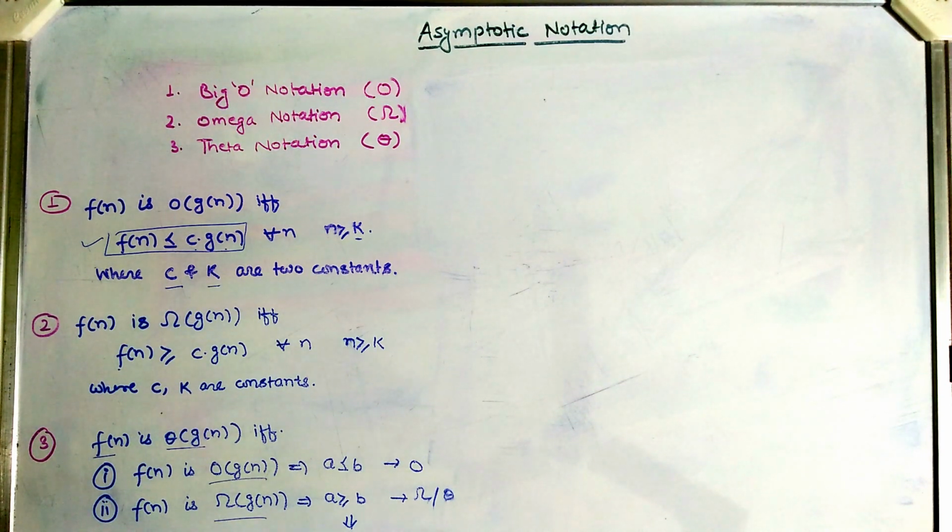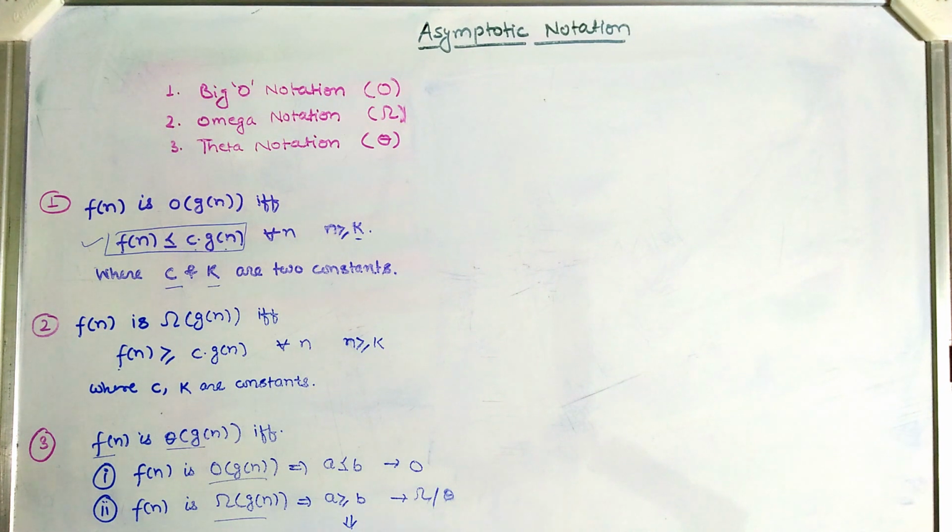So we are interested in doing the approximate analysis of an algorithm, or we can name the approximate analysis as asymptotic analysis. For the asymptotic analysis, we use asymptotic notations, which are mathematical tools to represent the time complexity of the algorithms.